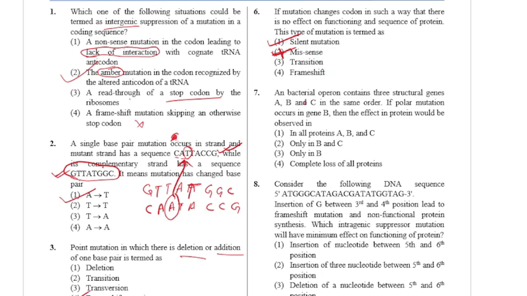Next, a bacterial operon contains three structural genes A, B, and C in the same order.